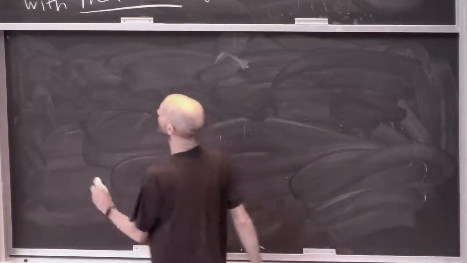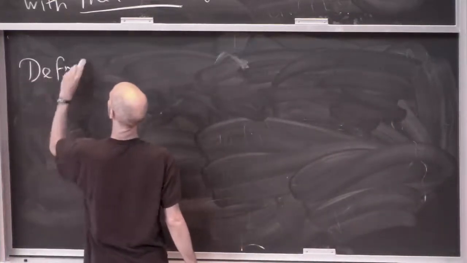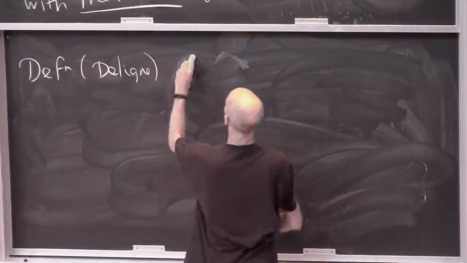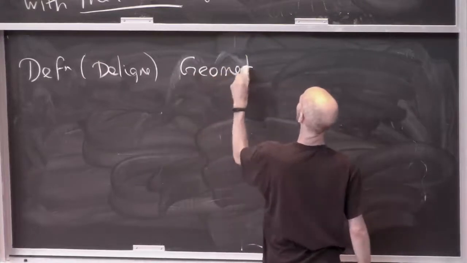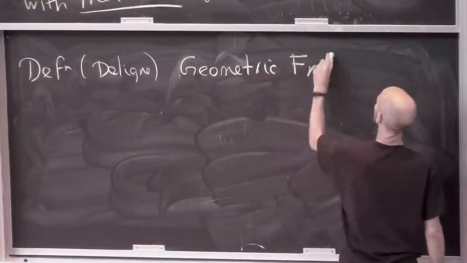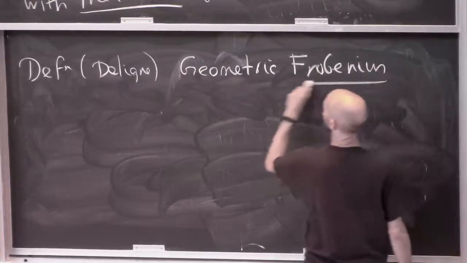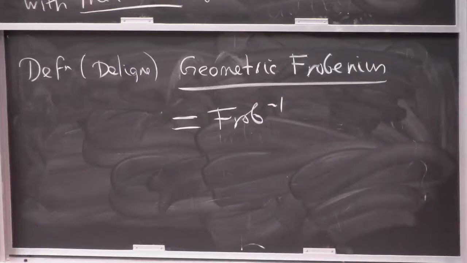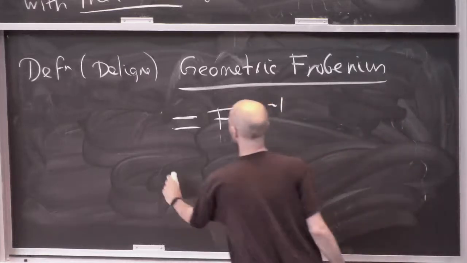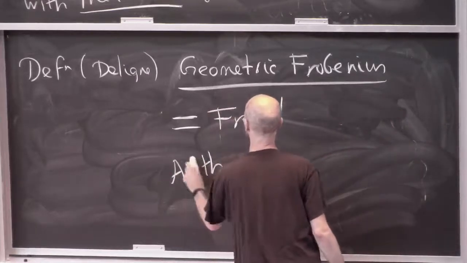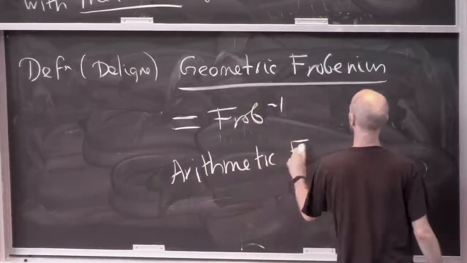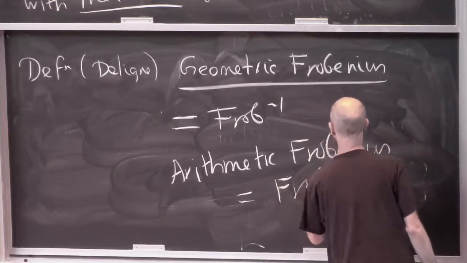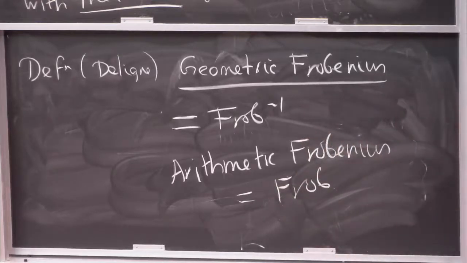So Deligne, definition: a geometric Frobenius is the reciprocal of Frobenius. An arithmetic Frobenius is Frob. Frob is the one that Frobenius knew something about.